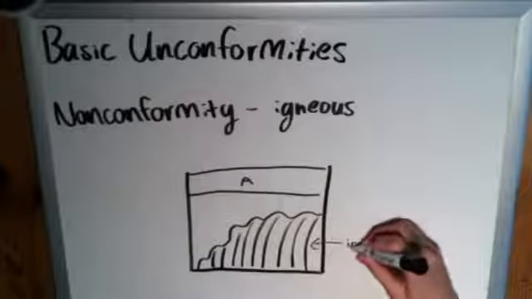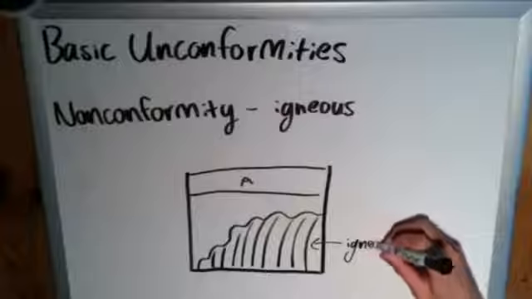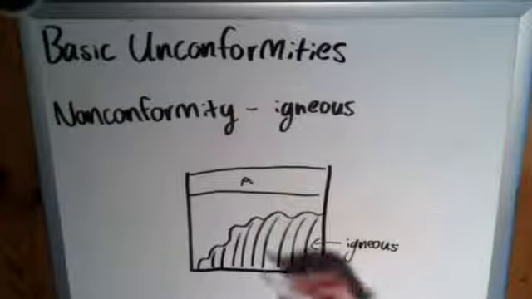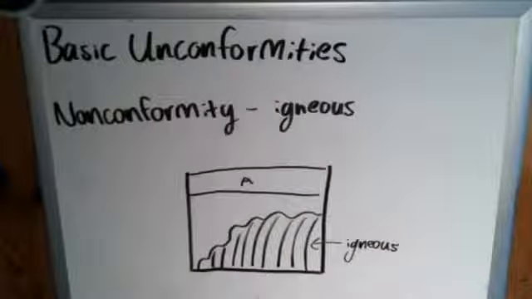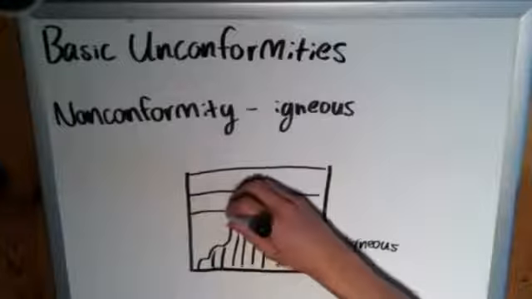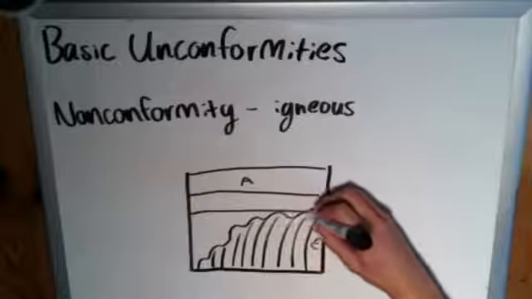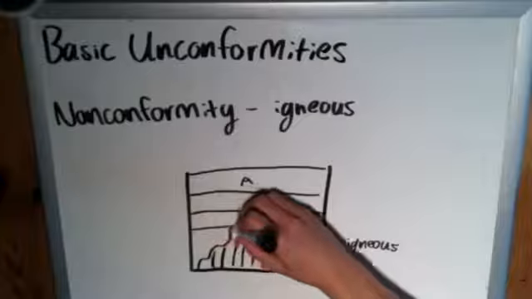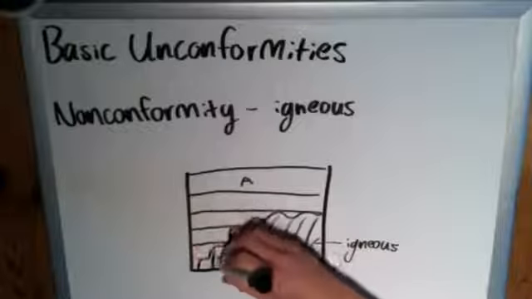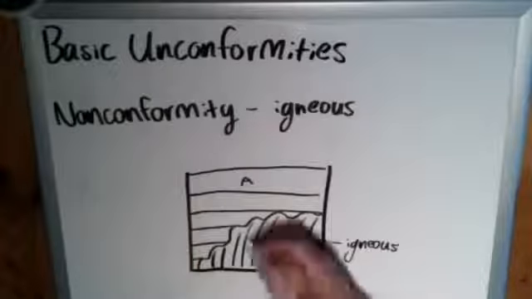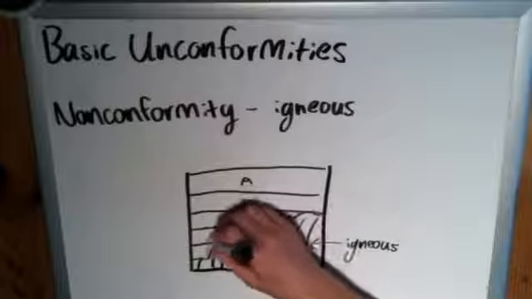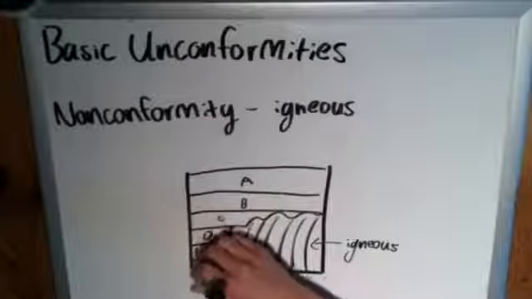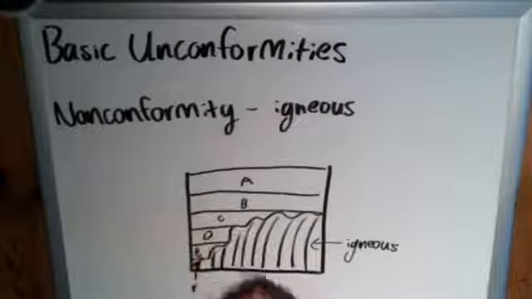That is igneous. Well, of course, there's got to be something in here. So let's just say we have something like this, where we've got a layer there, a layer there, a layer there, and a layer there. And we'll call those B, C, D, E. And there's a little F down there.